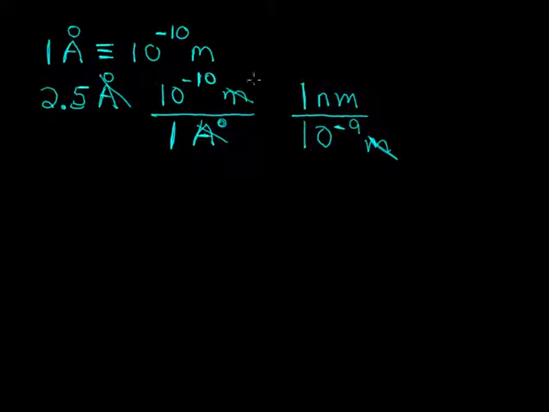Well, if I use my rules here, I get 2.5 times 10, so I have a negative 9 on the bottom. I'll divide that, it'll be plus 9. And so 10 to the negative 1 meters, nanometers. So an angstrom is about 2.25 nanometers.